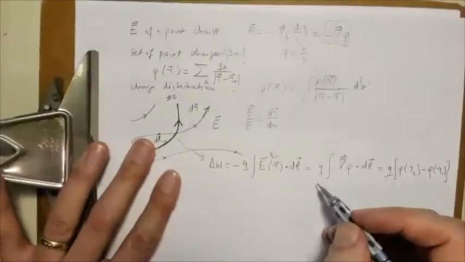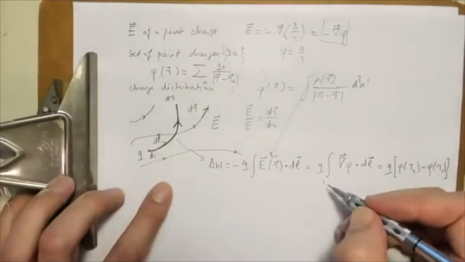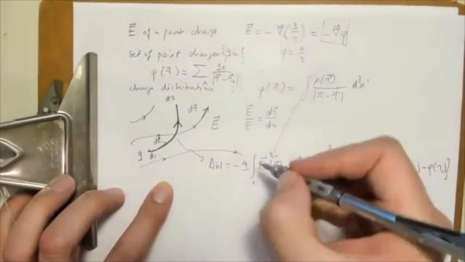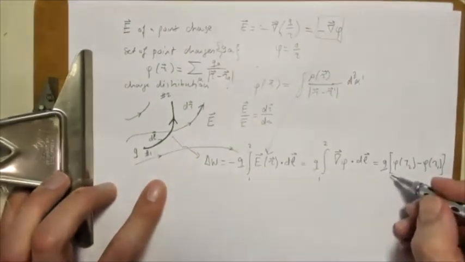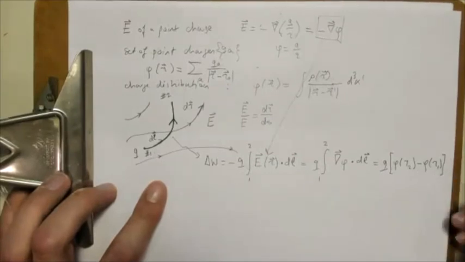So this integral goes from point 1 to point 2. And of course, that's our potential difference.